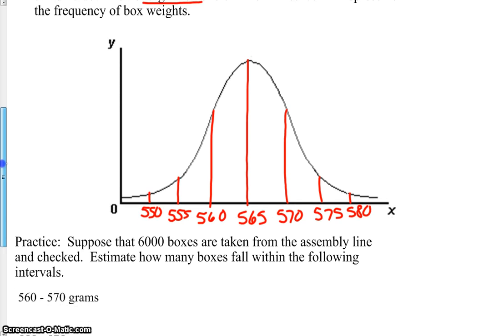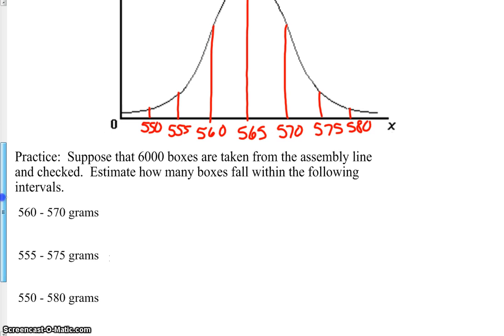Now, let's actually apply this to the problem. Suppose that 6,000 boxes of cereal were taken from the assembly line and checked, and we're supposed to estimate how many boxes fall within the different intervals. Our first interval is 560 to 570 grams. Well, that's 1 standard deviation to the left and 1 standard deviation to the right, so we're falling within 1 standard deviation, or 68.3%.